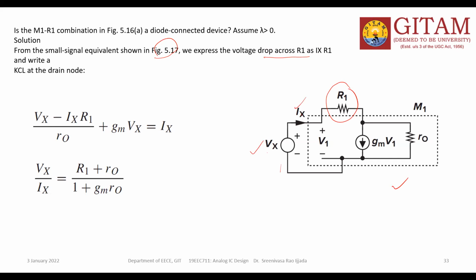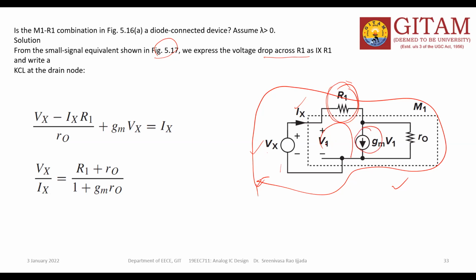Am I correct? Yes. So I can write the KVL equation: plus Vx minus the drop across this one, Ix into R1. Come this side like this. You cannot write the KVL equation like this because you don't know the voltage drop across this current source. Do you know?